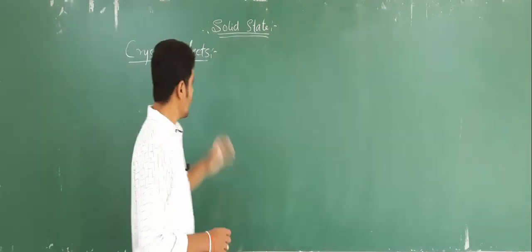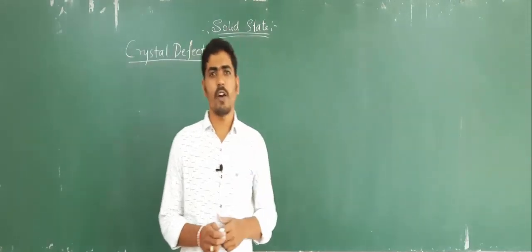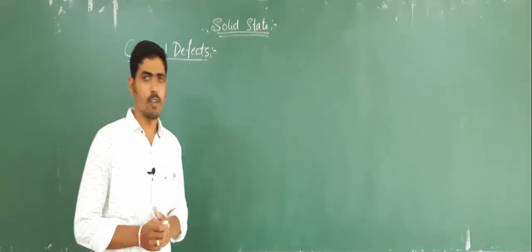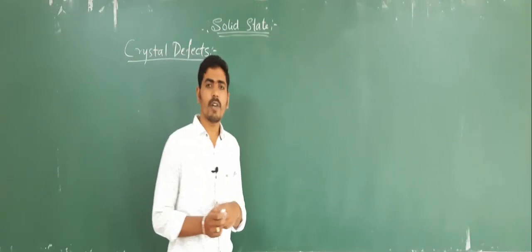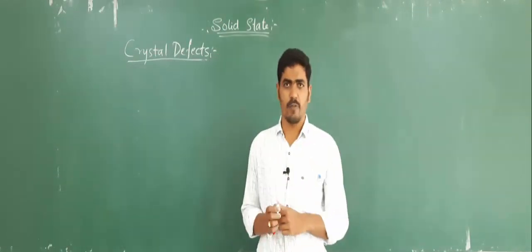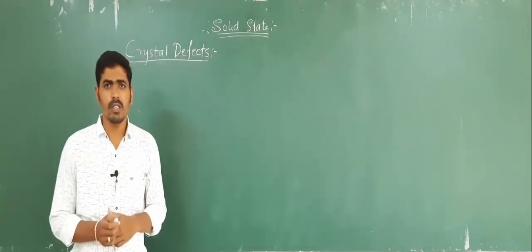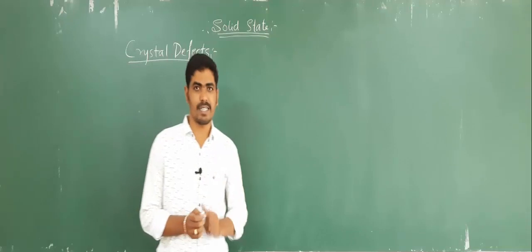Stoichiometric defects will not alter the stoichiometry of the compound. There we again classify those defects into how many types? Two types: vacancy defect and interstitial defect. In today's video, we will study the defects which are found in ionic crystals.